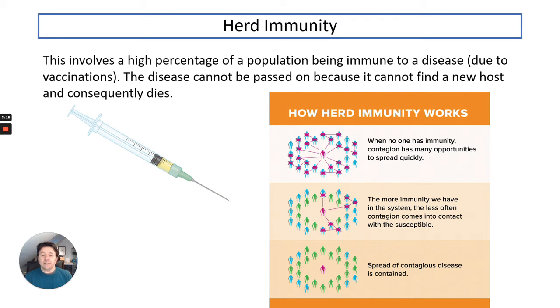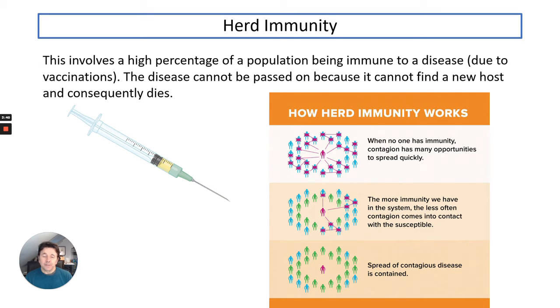The reason you need herd immunity is that some people can't have a vaccination. They might be too young, or they may be quite ill and therefore quite weak already. So therefore it's important to protect those people in a population through ensuring that as many healthy people are vaccinated as possible.